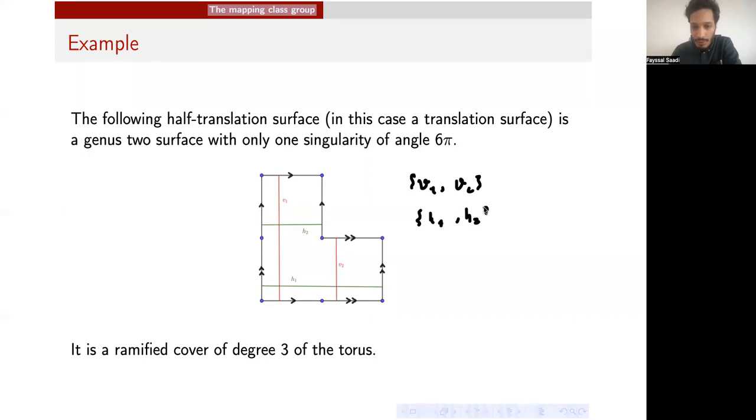H1 and H2 in green. If you take the Dehn twist around V1 and the Dehn twist around V2, you can see that we can realize this Dehn twist as an affine transformation. If you take the matrix 1, 2, 0, 1, what it does is fix this edge, fix everything here, and then it rotates.